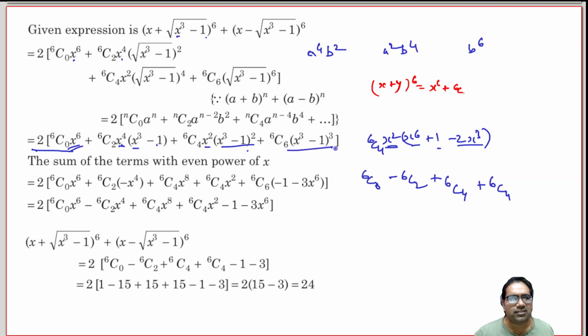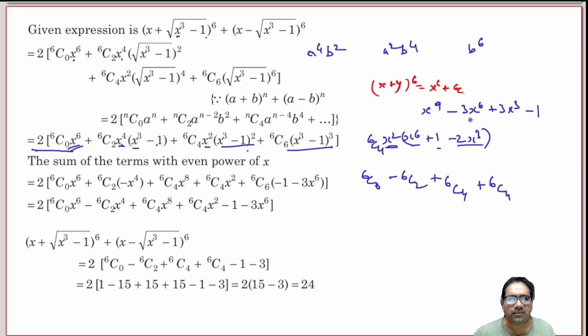Now here 6C6 into (x^3 − 1) cubed. This is (a − b)^3, which is a^3, that is x^9, minus 3a^2 b, that is 3x^6, plus 3ab^2, plus 3x^3, minus b^3, minus 1.